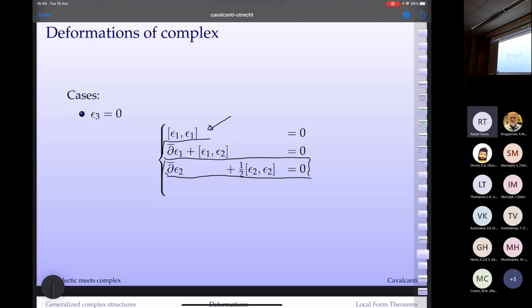And this condition here says that epsilon 1 is holomorphic for the deformed structure. So if I look at the reference structure where I start, epsilon 1 is just whatever, but I can use epsilon 2 to get a new integrable structure. And for this new integrable structure, epsilon 1 is actually a holomorphic Poisson deformation. So in a way I can describe this particular deformation given by epsilon 1 and epsilon 2 as a two-step thing. First I deform by epsilon 2, get an integrable complex structure, and then I do a holomorphic Poisson deformation from there.